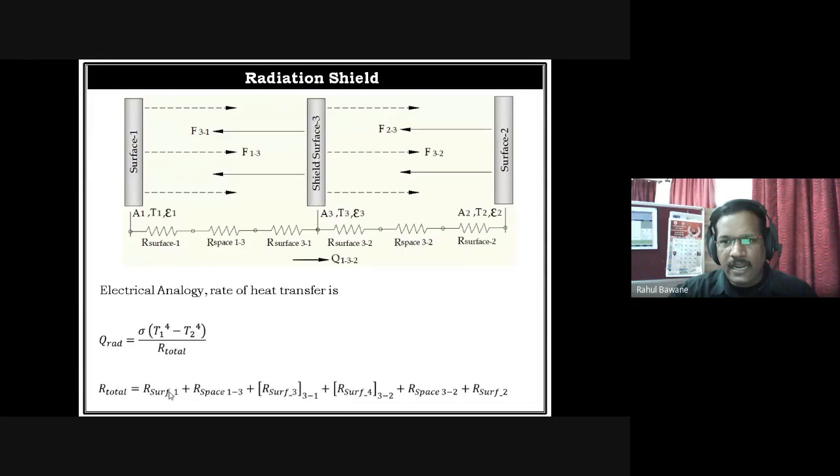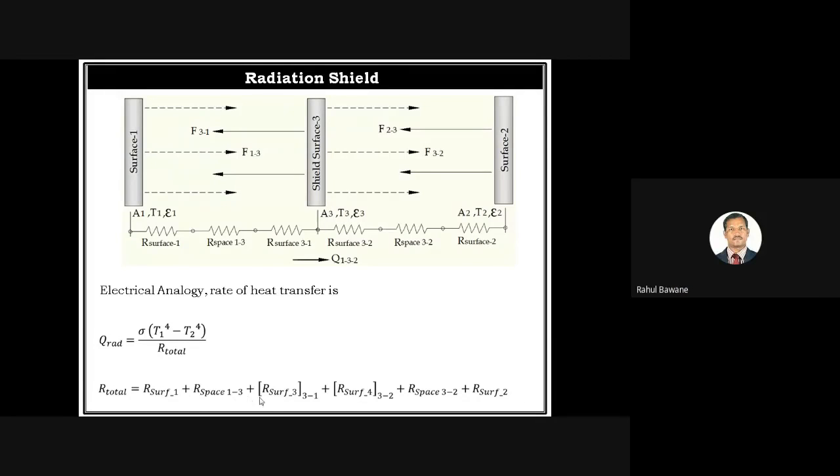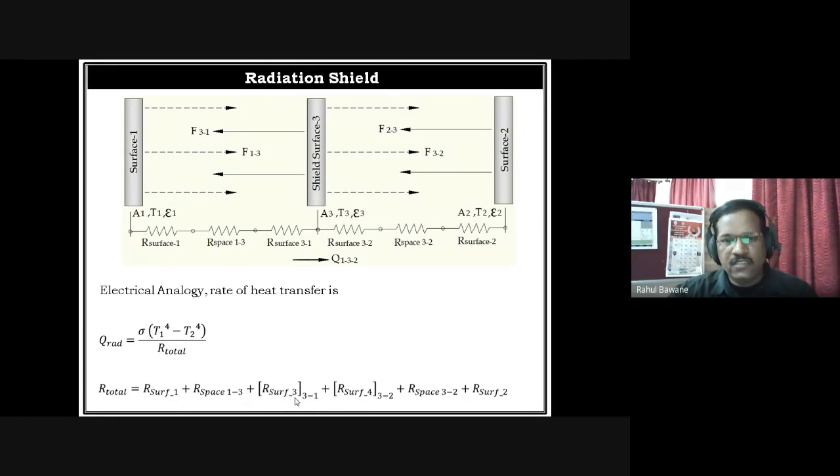So surface 1 resistance plus space resistance 1 to 3, plus surface 3 resistance towards face 1, then surface 3 resistance towards face 2. Then the space resistance, and lastly the surface resistance of 2.